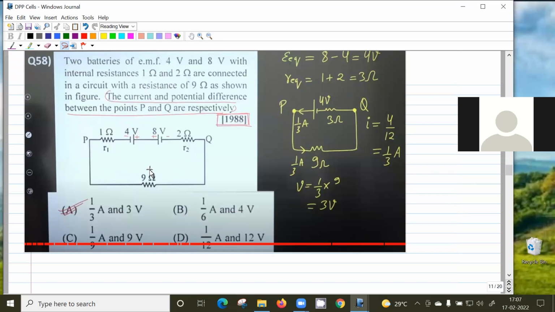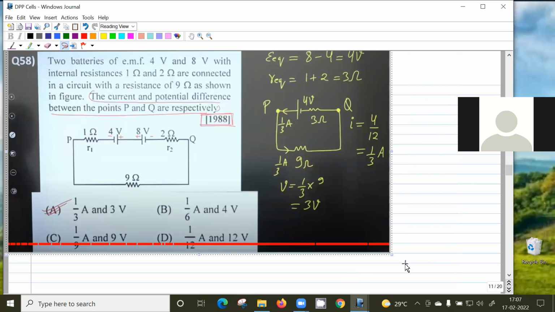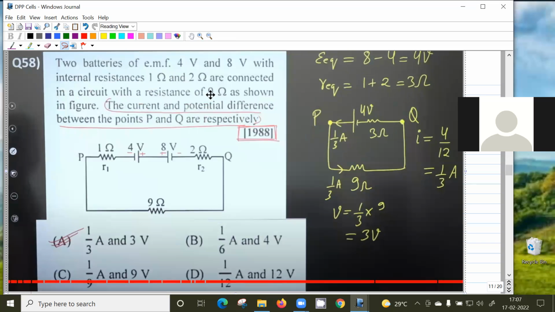Okay, this one, the two batteries question. This is also very straightforward. There are different ways of doing this problem.